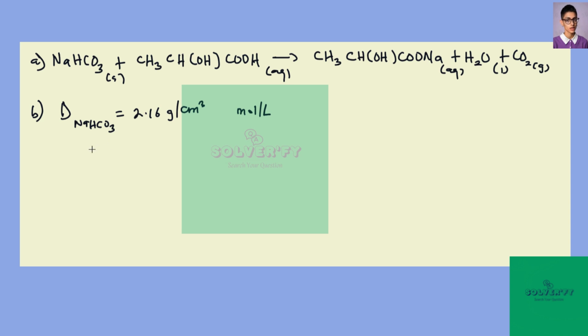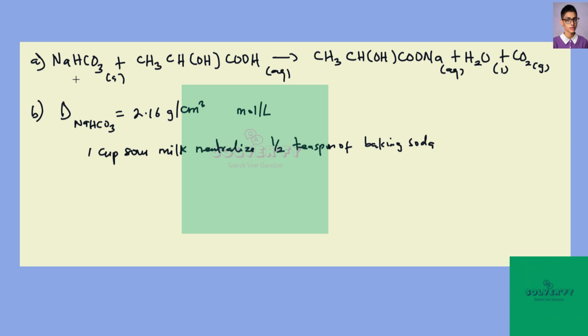So 1 cup of sour milk neutralizes half a teaspoon of baking soda. So 1 cup of sour milk is equivalent to 1 mole of lactic acid, and half a teaspoon of baking soda is equivalent to 1 mole of sodium bicarbonate.